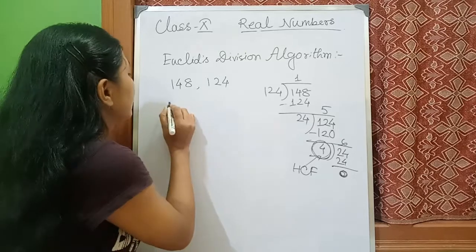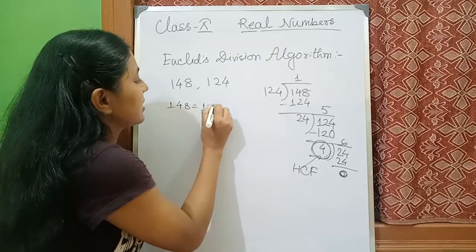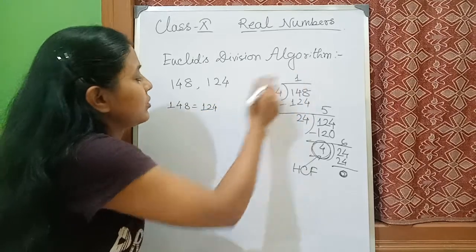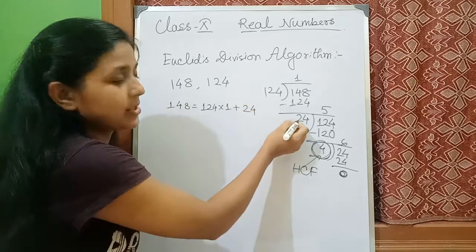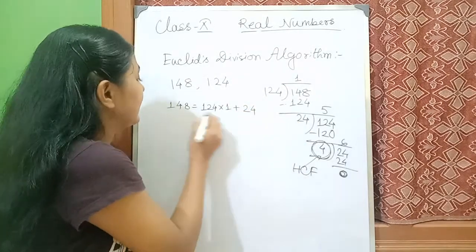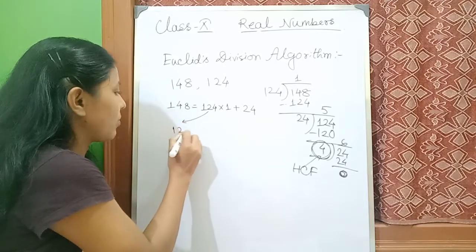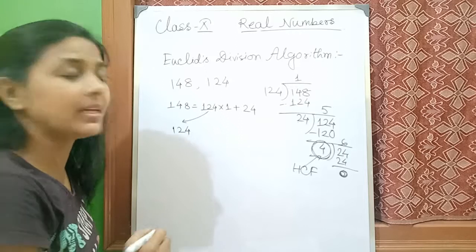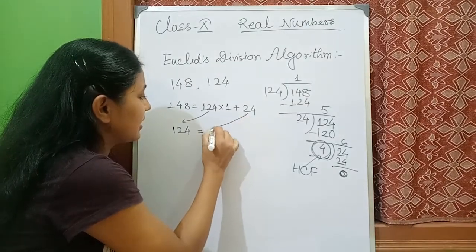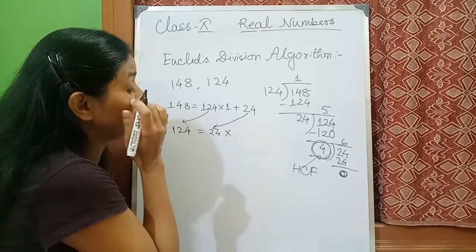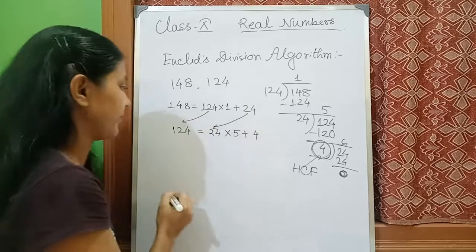How am I writing? The first one, the formula: dividend equals divisor into quotient plus remainder. 148 equals 124 into 1 plus 24. Then we will take this one as dividend and 24 as divisor: 124 equals 24 into 5 plus 4.